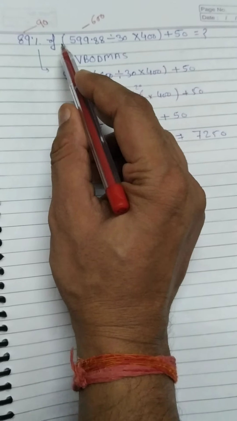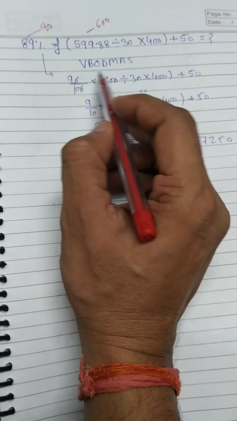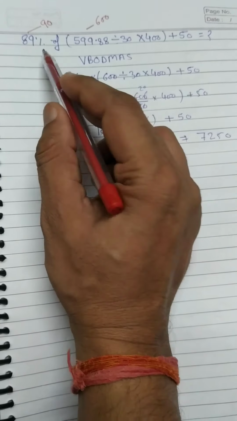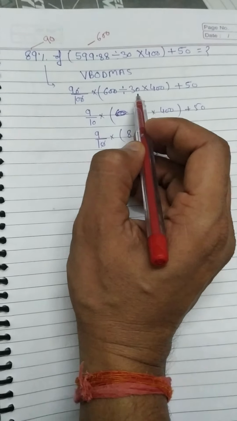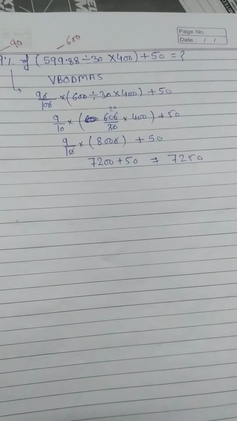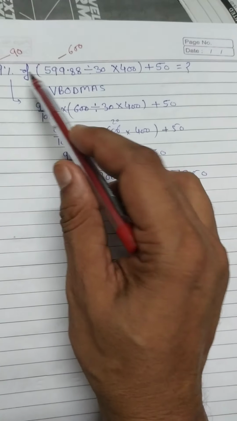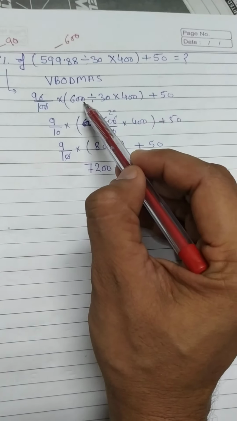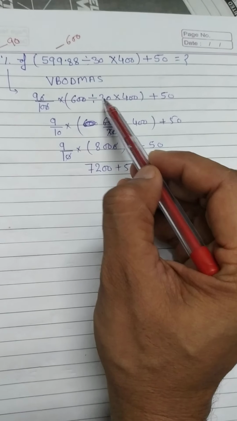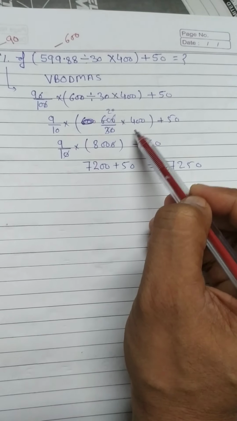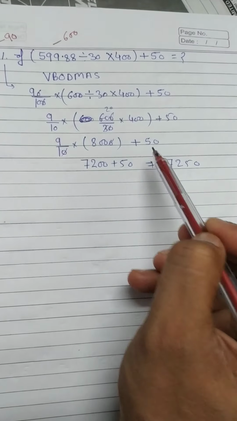Since there is no bar here, I will just write 90 for the calculation. First I go for the division, then multiplication, then I write 600 divided by 4, then again multiplication, and last addition.